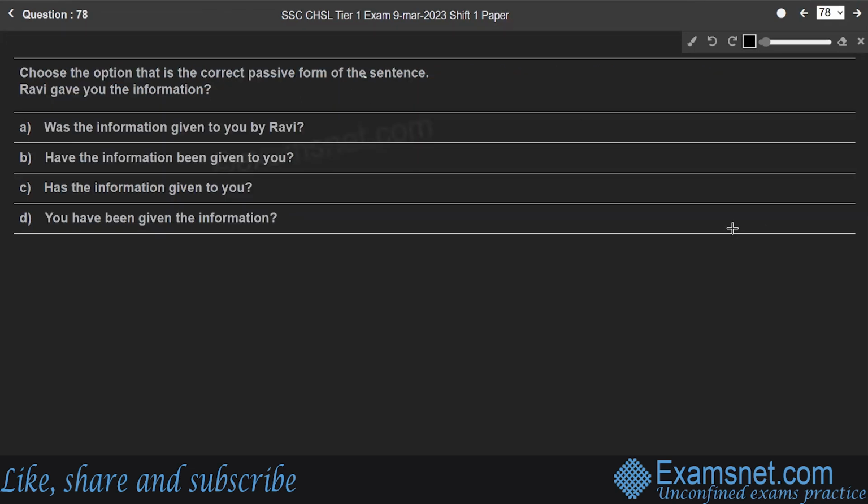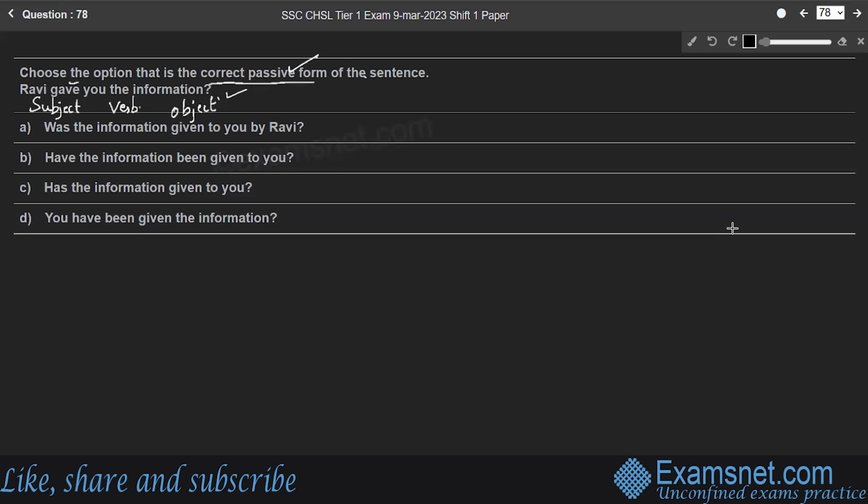Question 78. Choose the option that is the correct passive form of the sentence. So here is the sentence, which has 3 parts, a subject, verb and object. In which the subject is Ravi, the verb is gave, right? And the object is information. Right? In passive form, the object becomes the subject and the subject becomes the object, right?